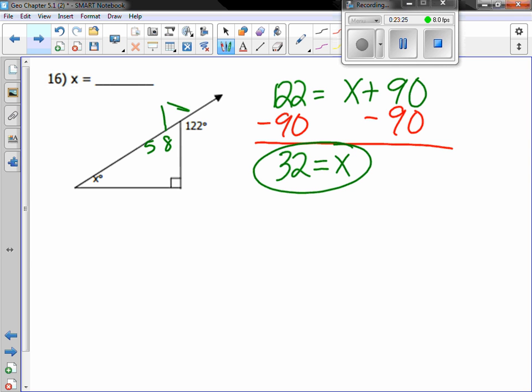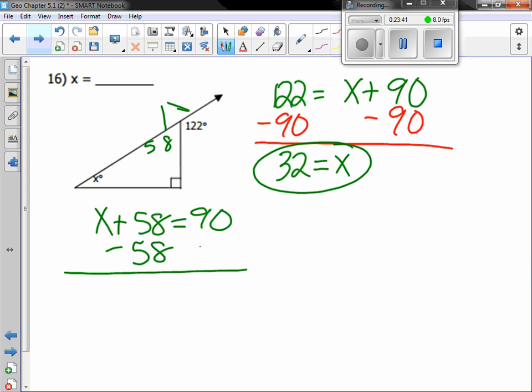Now these three angles add together to be 180. But we also know that it's a right triangle, yes? So these two angles here have to add together to be 90. So I could say x plus 58 equals 90. And subtract 58 from both sides, and we get x is 32. That's the same thing we got, yes?